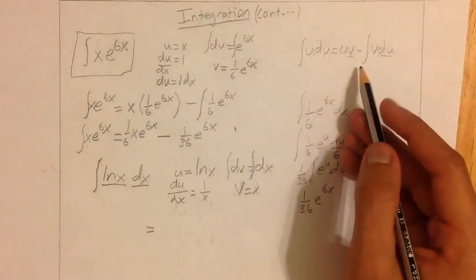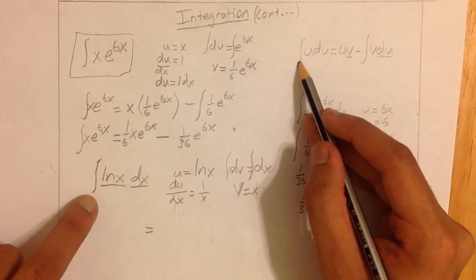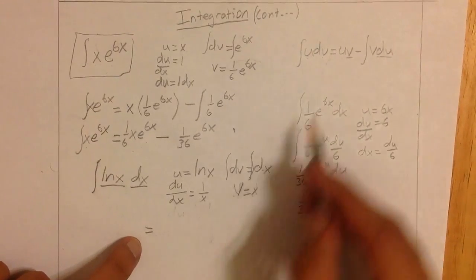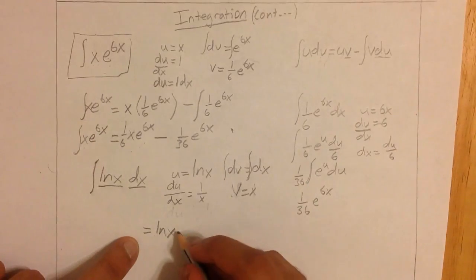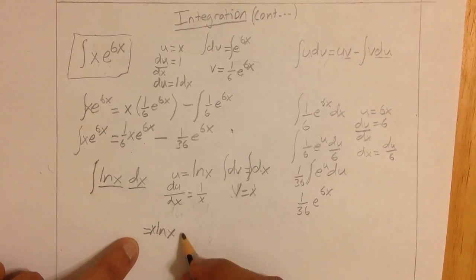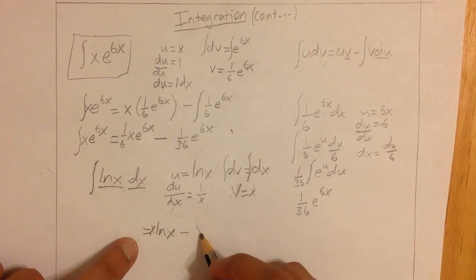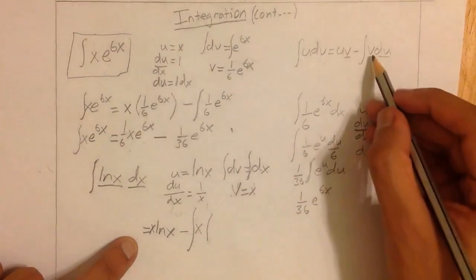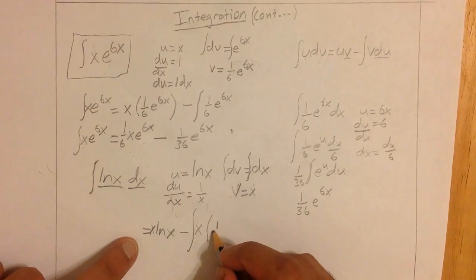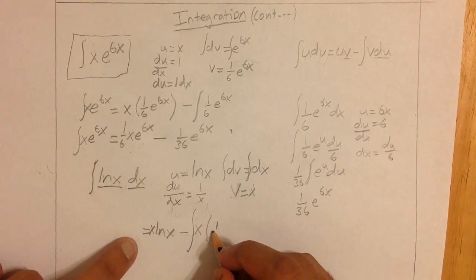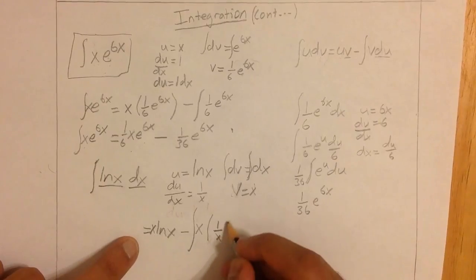Then let's use the same formula over here. The integral of u dv equals u, which is ln of x according to us, times v, which is x, minus the integral of v, which is x, times du, which is one over x.